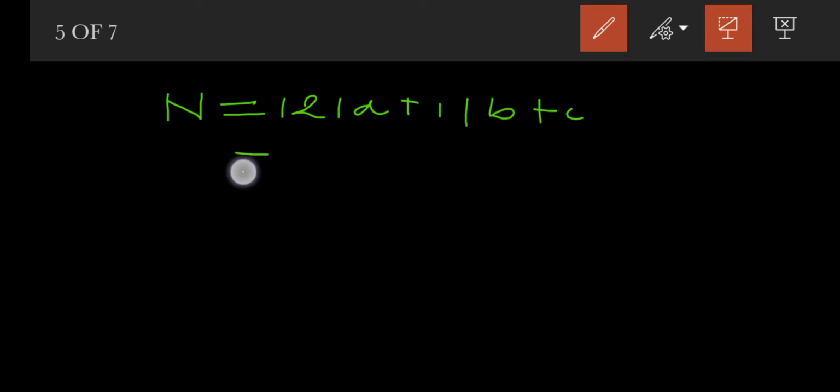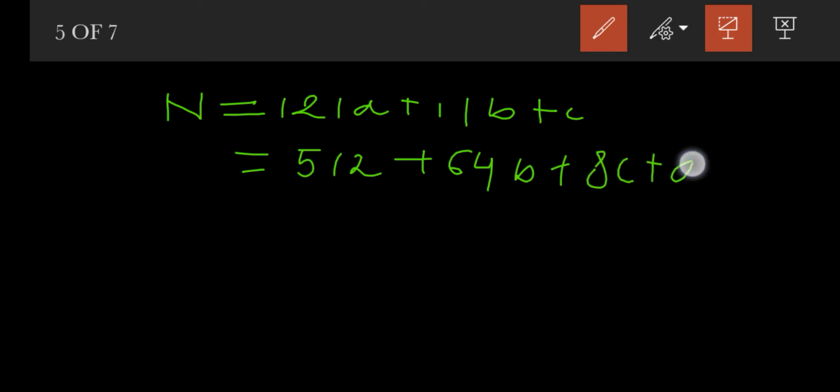We can write that n equals 121a plus 11b plus c, and this will be equal to 8 cubed, which is 512, plus 64b plus 8c plus a.